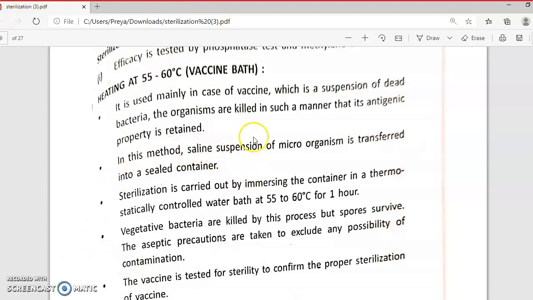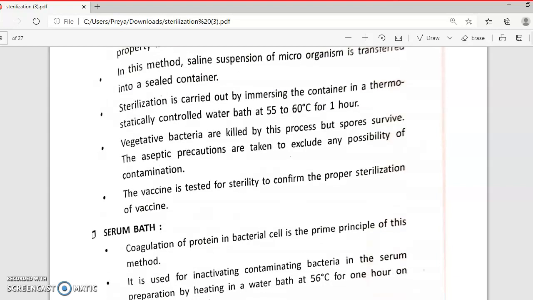Now in this, a saline suspension of organisms is transferred into a container, and then how is sterilization done? The container is immersed in a thermostatically controlled water bath. The temperature is 50 to 60 degree. The vaccines are kept immersed at 50 to 60 degree centigrade for 1 hour, okay. So it can lead to complete sterilization, right?